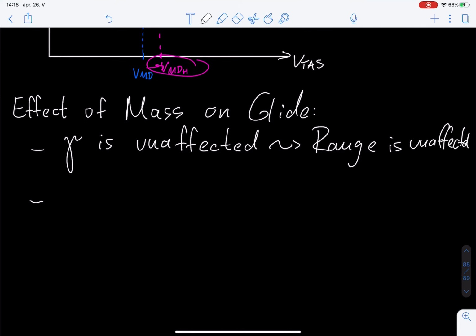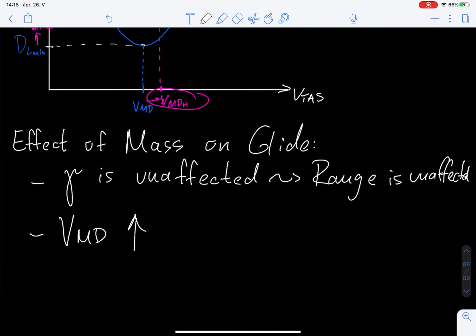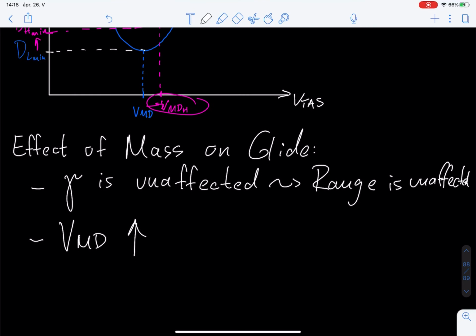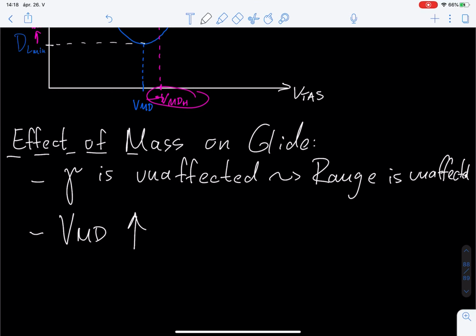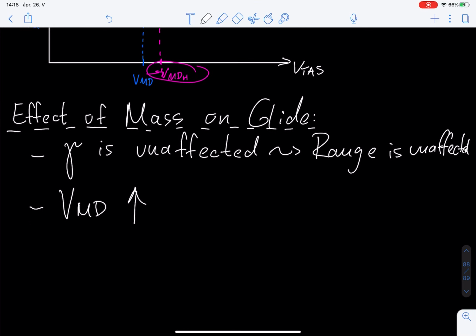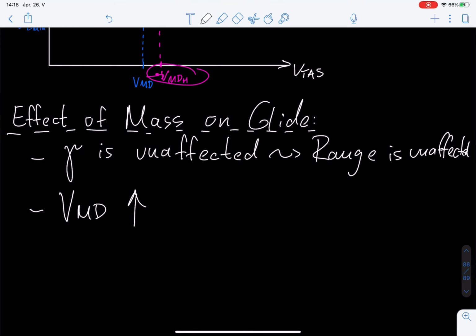However, VMD is going to become higher. So you're going to have to maintain a higher speed to maintain the same flight path angle. And that is the sort of picture that we need to get from the glide and the effect of mass on the flight path angle.